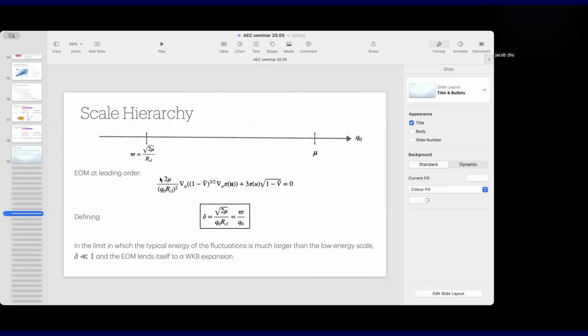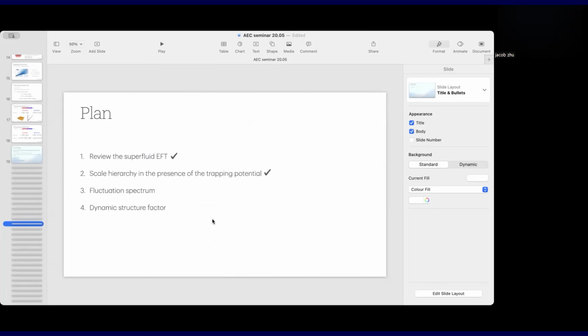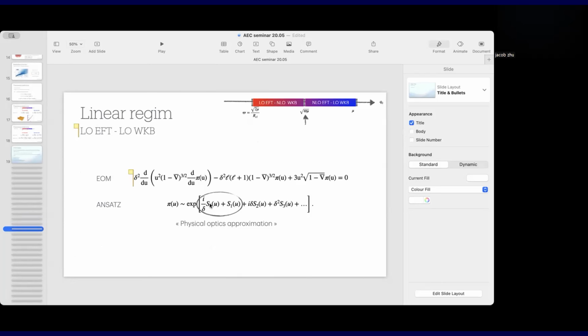So this is really the definition of WKB. You need a small parameter in front of your derivative, and that's how you identify your WKB parameter. Because we're going to make a WKB ansatz for the phonon field, and that's what controls it. So yeah, that's the WKB ansatz in powers of delta.